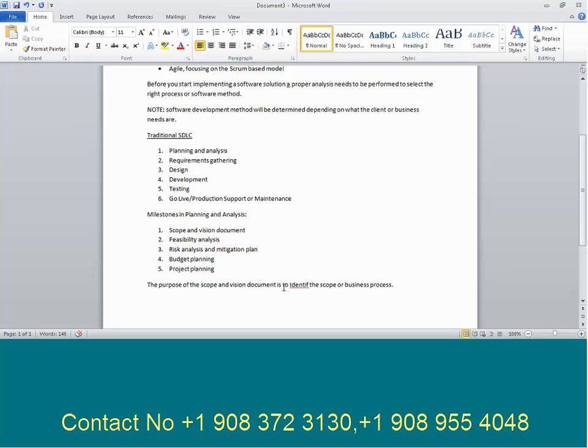Okay, so we clearly identify and document what is in scope for the project. And also, when we start documenting the scope, we also clearly document what is out of scope.